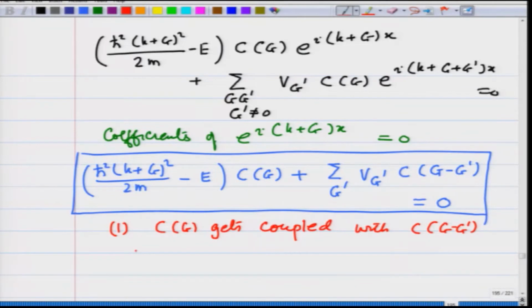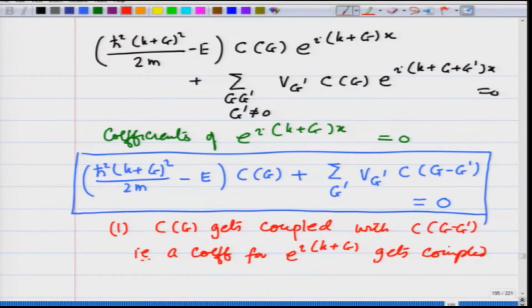That is, a coefficient for e^{i(k+g)x} gets coupled only to the coefficient for e^{i(k+g−g')x}, that is, the k which is displaced from it by another lattice vector.